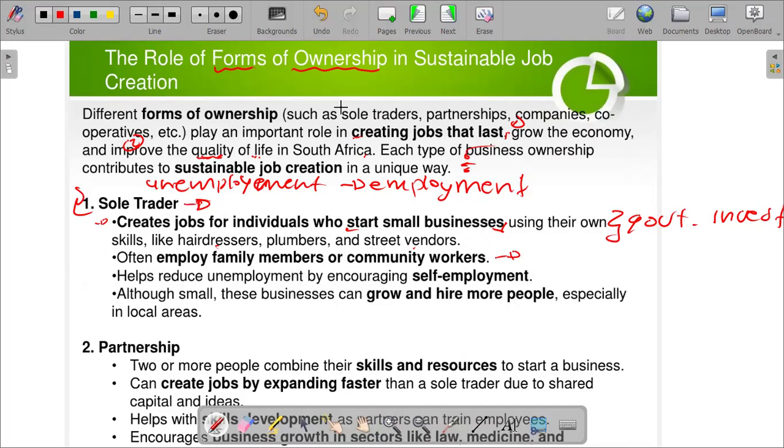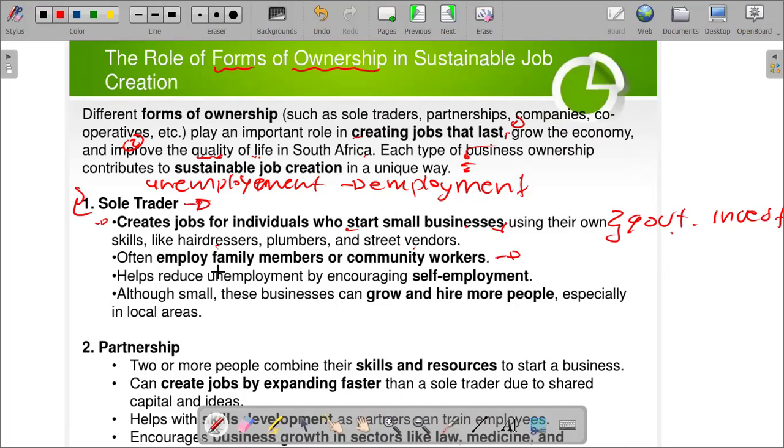Remember when we were talking about the improvement of the community and working with the members of your family, the people who are close to you. This shows another characteristic of sustainable job creation: employing family members or community. So the government will invest money for these individuals to start these businesses. How do they then help the people surrounding them?